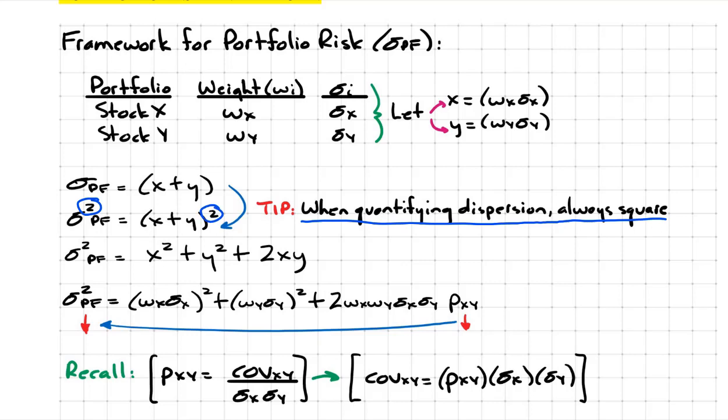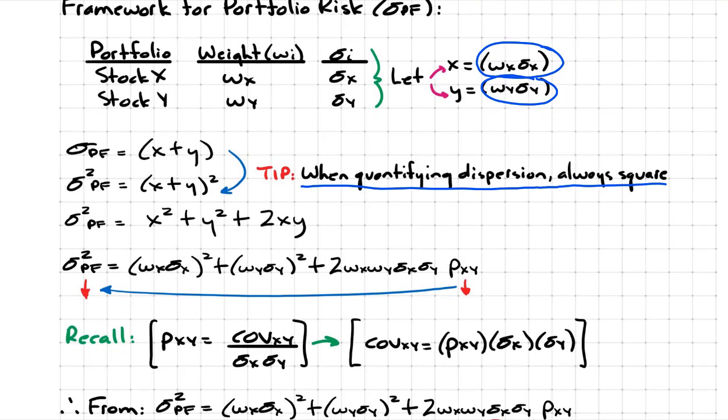And then in step 3, I'm just going to expand and multiply. So we have x squared plus y squared plus 2xy. Now I'm going to substitute what the x and y stand for. The x was wx times standard deviation of x, squared.